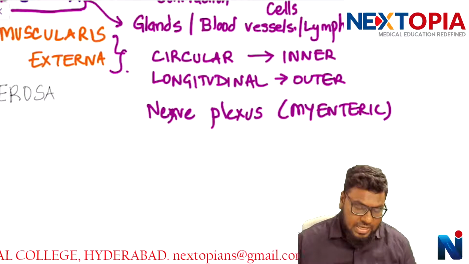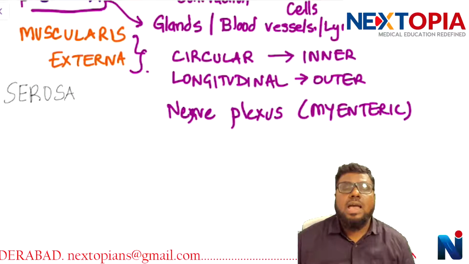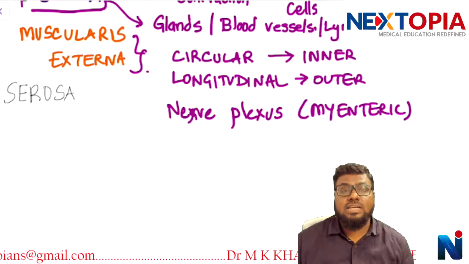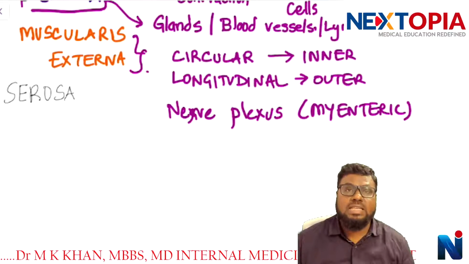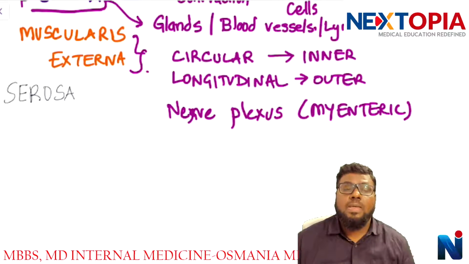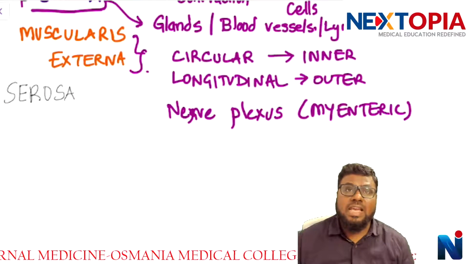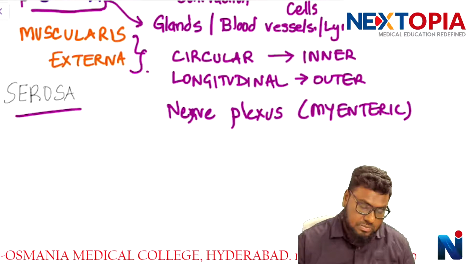The outermost layer is serosa, and this is the outermost layer of the entire gastrointestinal tract. It again consists of epithelial cells, connective tissue. It is lined by a layer of autonomic nerve fibers.